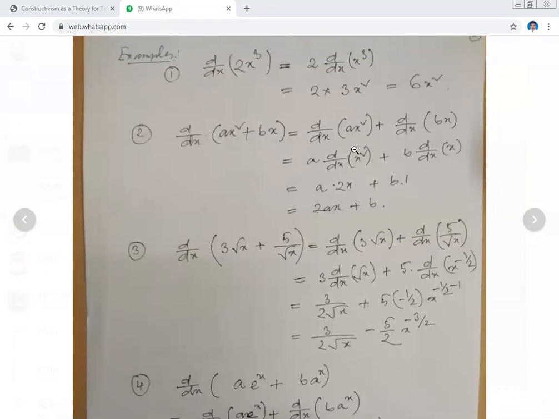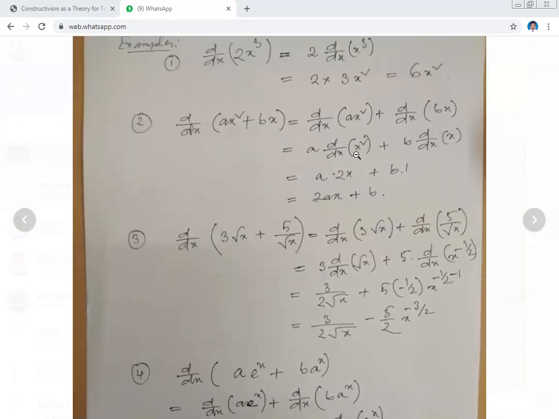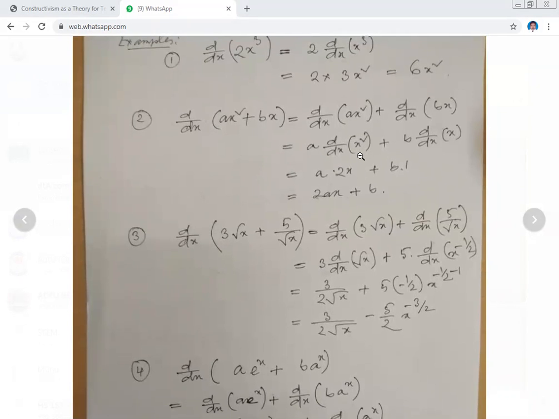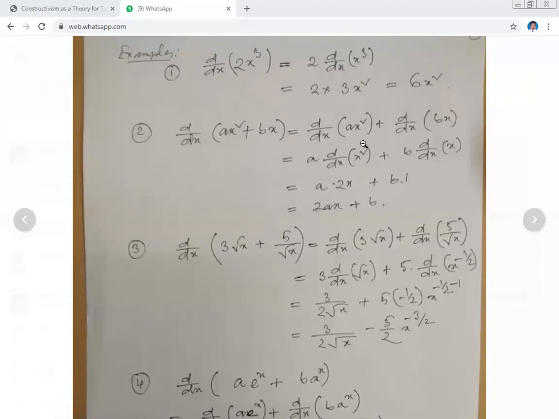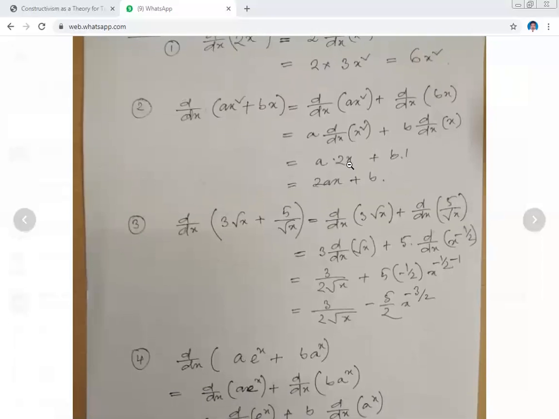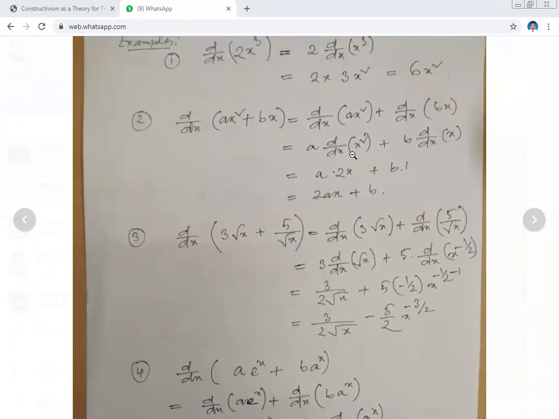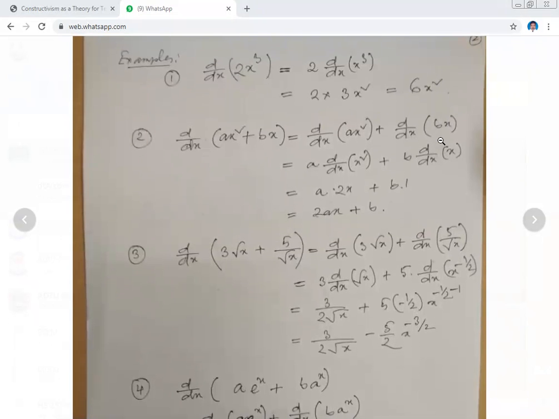So in ax square, a is a constant written outside. Now d/dx of x square, by the x to the power n formula, gives us twice x, n into x to the power n minus 1. If you use it, n means 2 here, 2 into x to the power 2 minus 1. 2 minus 1 means 1. So the exponent 1 is not written here. So d/dx of x square is twice x. Now in the second one, d/dx of bx.